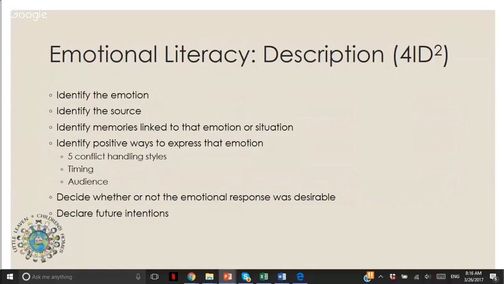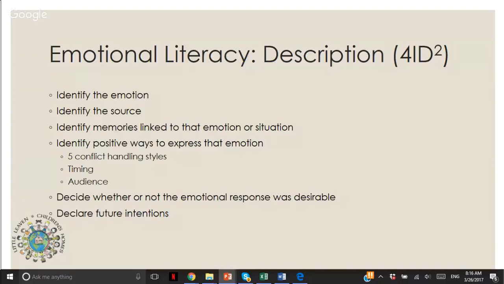You can't say it at the wrong time, or when the other person's not in the right mindset. Because you have to know the other person, how to give it to them in the way that they can receive it. It's knowing your audience, and you have to know how they're feeling at that time. So that's all part of the emotional description, describing the emotion.